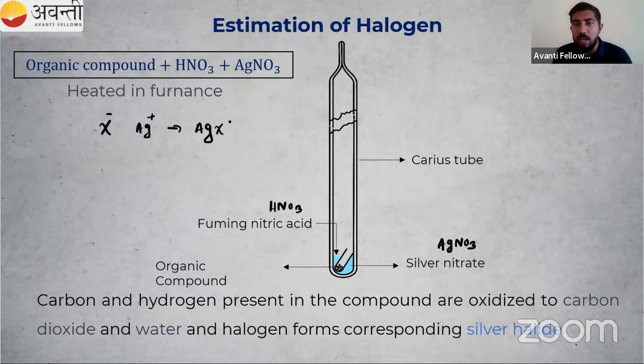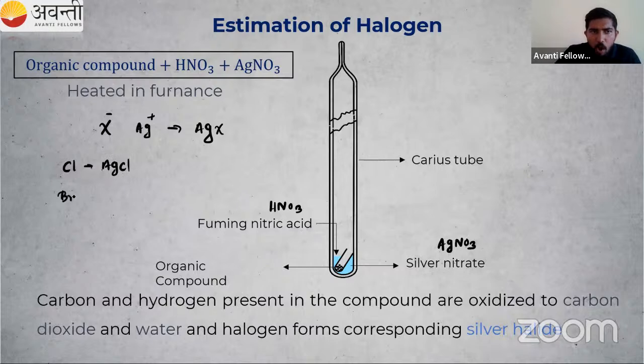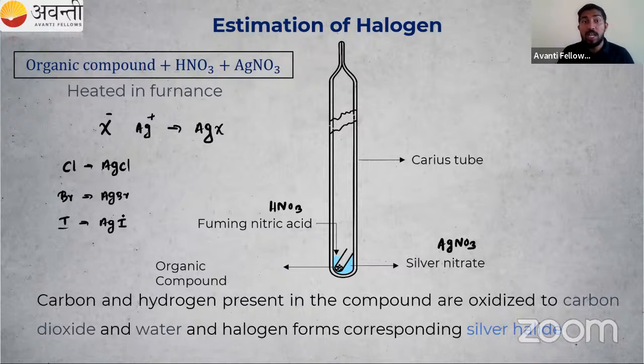If it is chlorine, AgCl will be formed. If it is bromine, AgBr will be formed. If it is iodine, AgI is formed. You know the colors: AgCl is white, AgBr is pale yellow, AgI is yellow. We have studied that already. So silver halide is formed, and based on the silver halide, we can find the amount or percentage of halogen present in the organic compound.